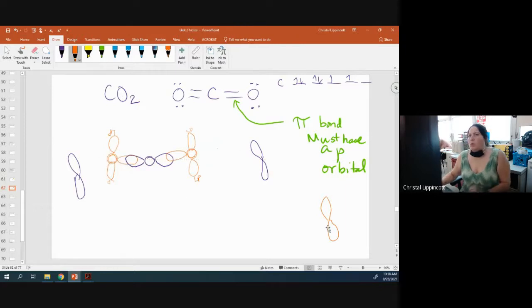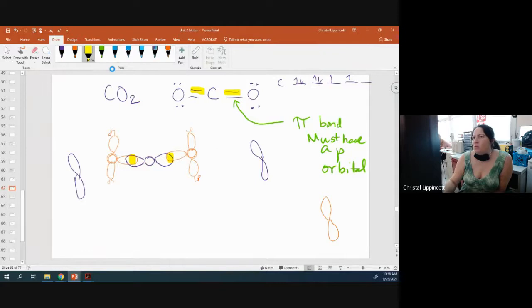Okay. So here are my 2 oxygens in place right now, with the exception of the pi bonds. Right now I have a sigma bond here and I have a sigma bond here. That's this bond right here and this bond right here.